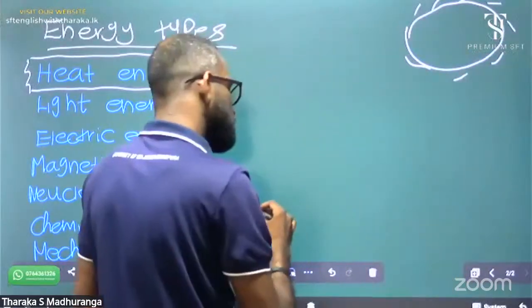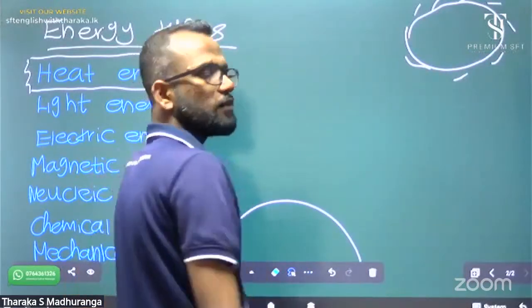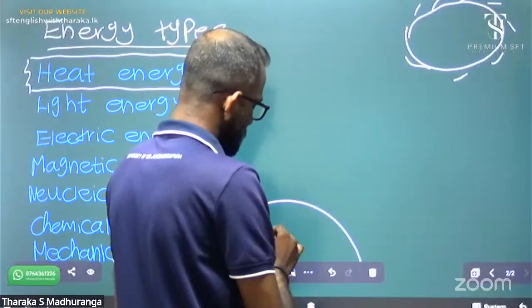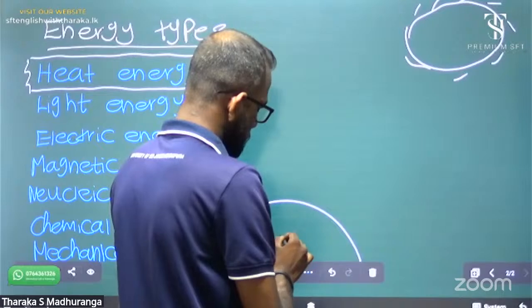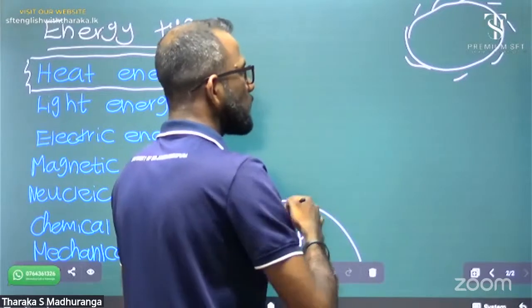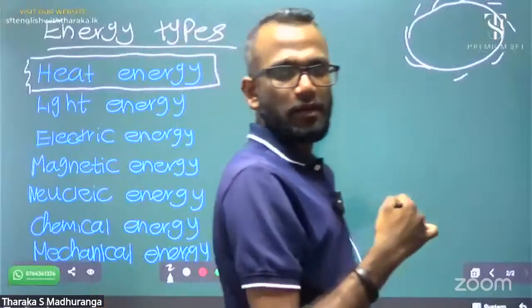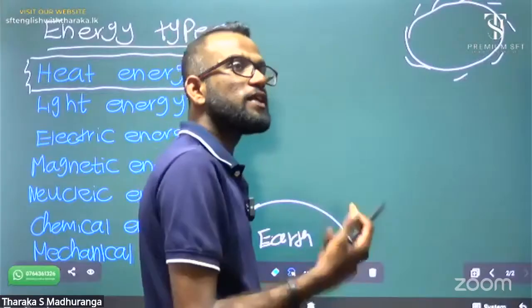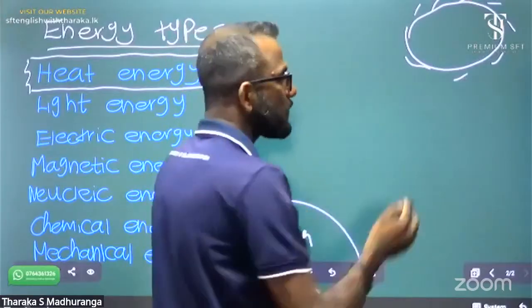And this is our earth. From the sun to the earth, heat is transferred by what we call electromagnetic waves.